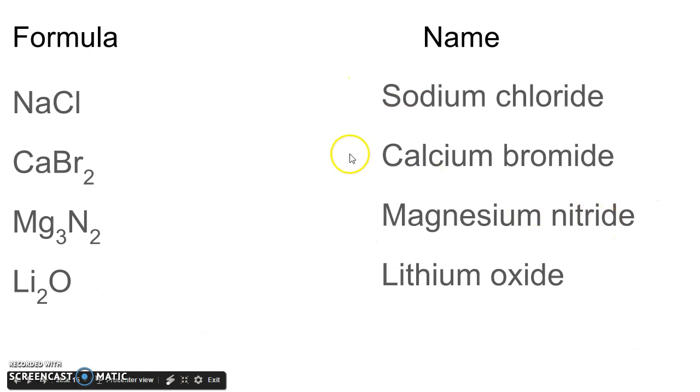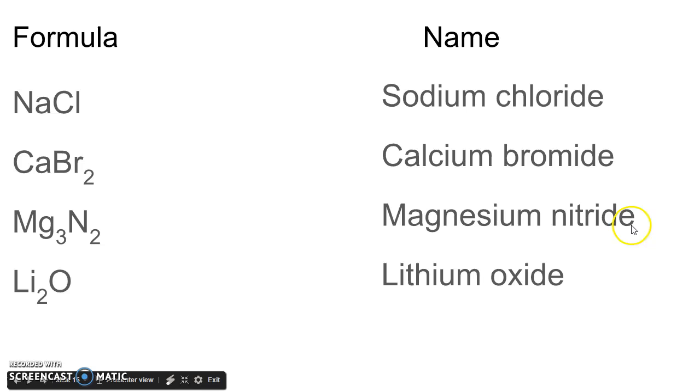These are pretty easy to do, and I've given you some examples. This has sodium and chlorine in it. Well, it's the sodium ion bonded to the chlorine ion, which is sodium chloride. We change the ending to IDE. CaBr2 is calcium bromide. Instead of calcium bromine, I changed the ending to IDE to show that I have the ion.